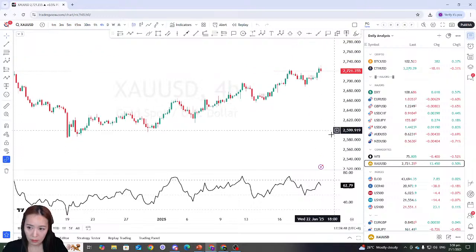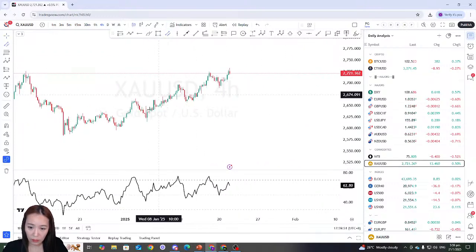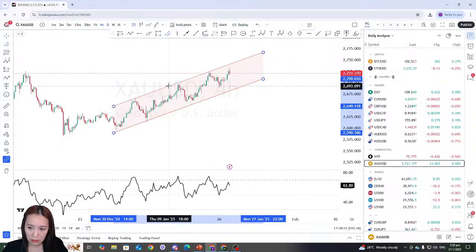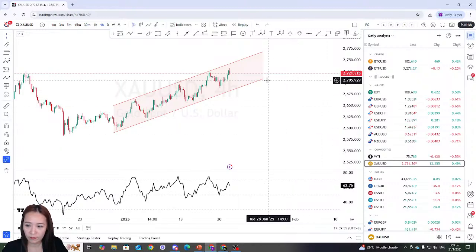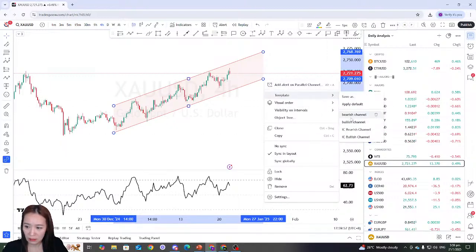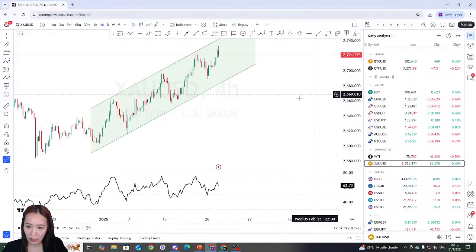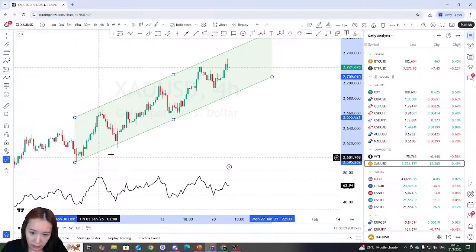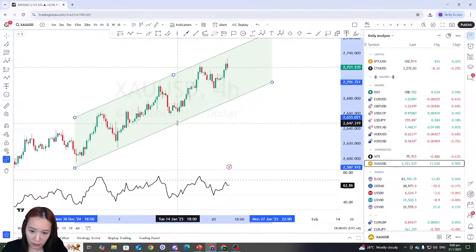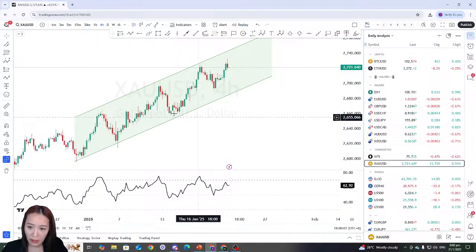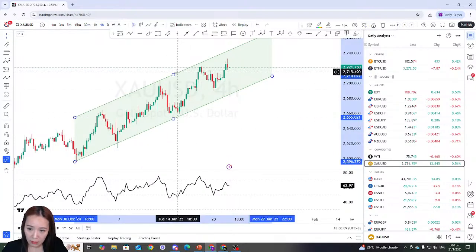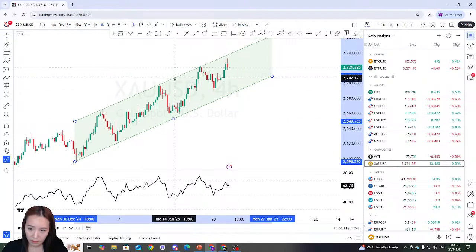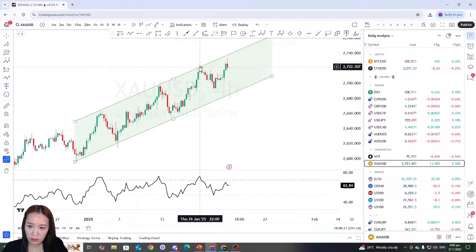Now gold is within the bullish channel line here. I will change the color. See, it's within bullish, so I will touch here 1, 2, and here, and the upper one here, 1, 2, 3.